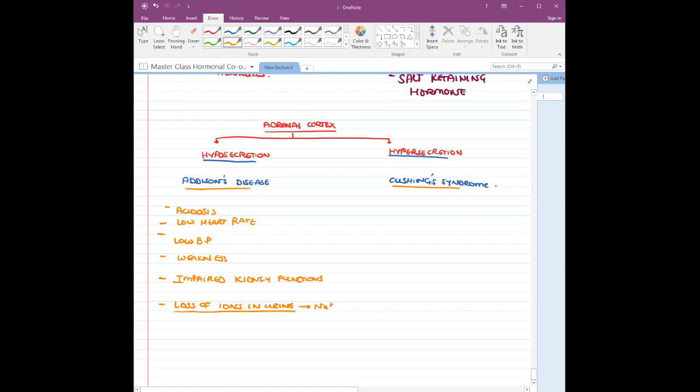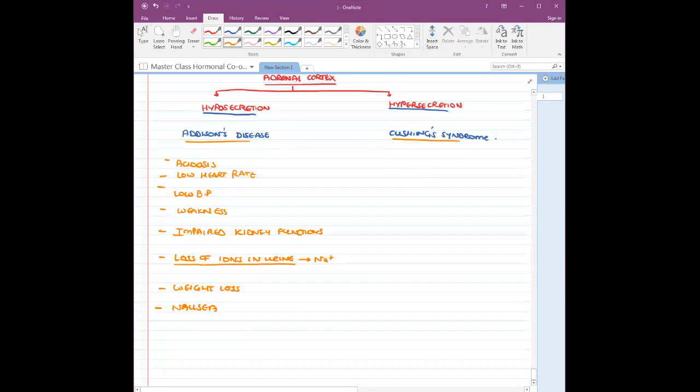Okay, but now apart from this, when this is going to happen, this is going to result into weight loss. Along with this, it is also going to result into nausea. Now basically when we talk about nausea, guys, what is nausea? You don't feel like eating anything. For example, let's imagine you have had a very nice scrumptious meal, loads and loads of food, and when you're completely full to your heart's content, someone asks you, do you wish to eat this, do you wish to eat that?